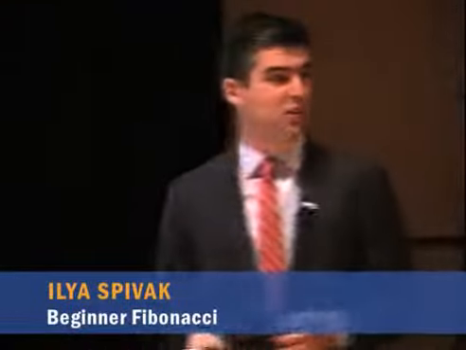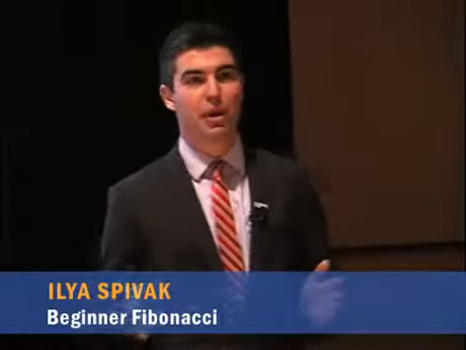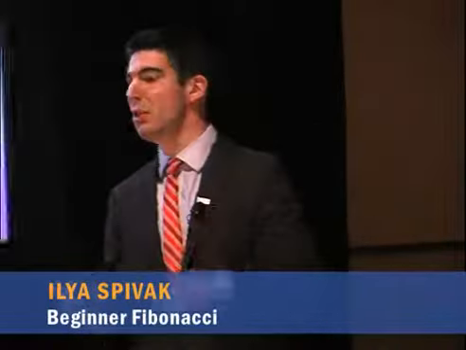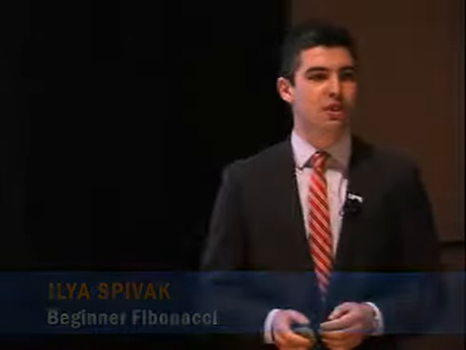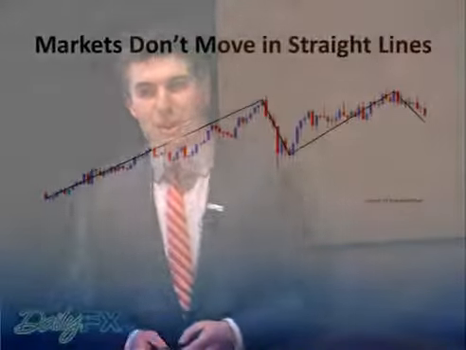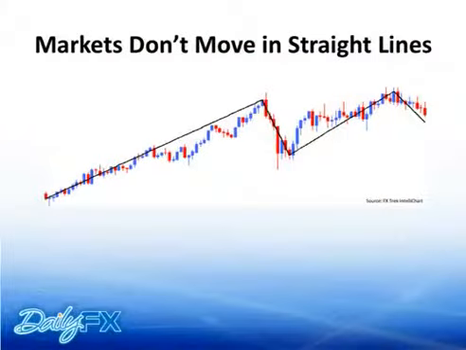And so Ilya is going to start off by looking at some of the long-term implications of using Fibonacci. Okay, so first off, can everybody hear me okay? Back there? Okay. So obviously, markets don't move in straight lines, right? And even though they may trend in a given direction, they don't necessarily trend in that direction all the time.